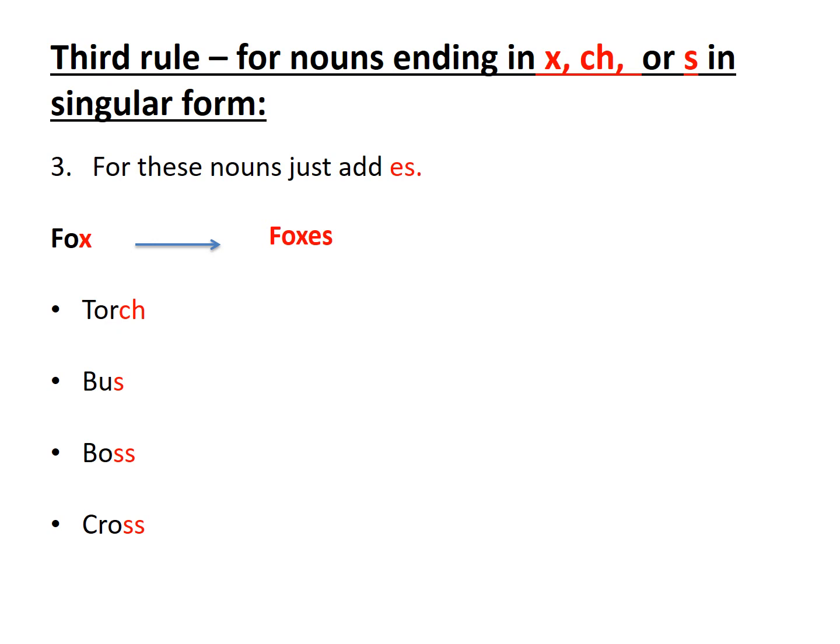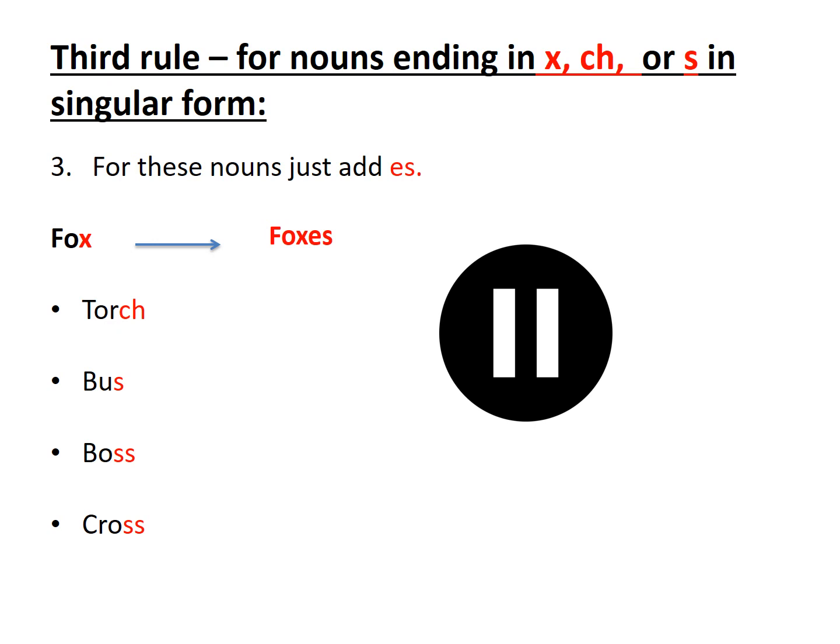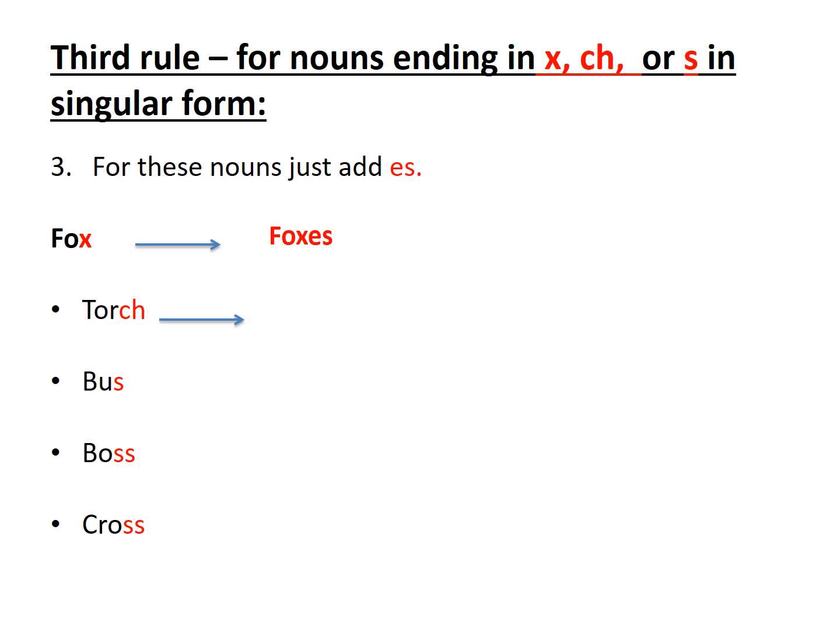Hit pause for extra thinking time. So, how did you do? Torch becomes torches. Bus becomes buses. Boss becomes bosses. And cross becomes crosses. Each of these ending in an ES. Straightforward, right?